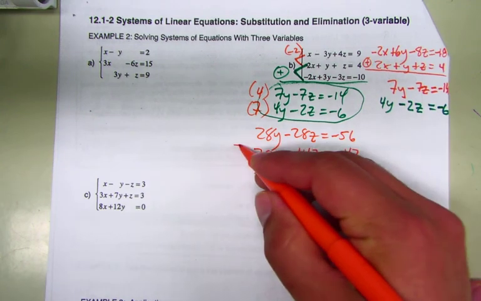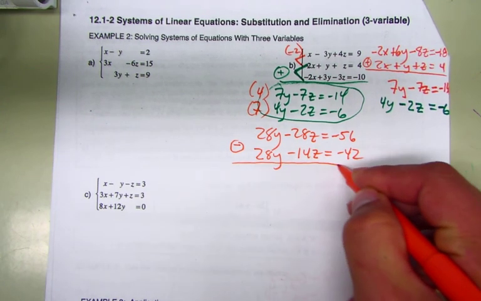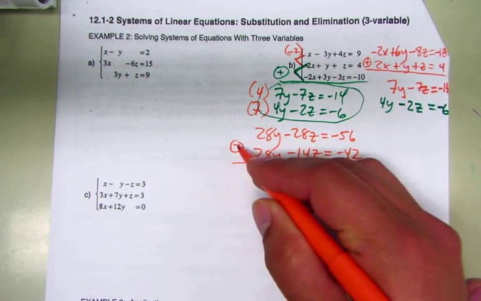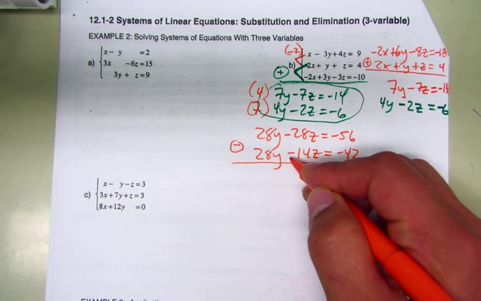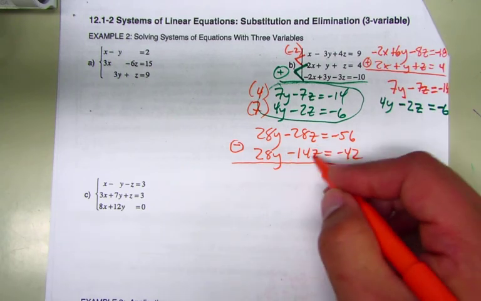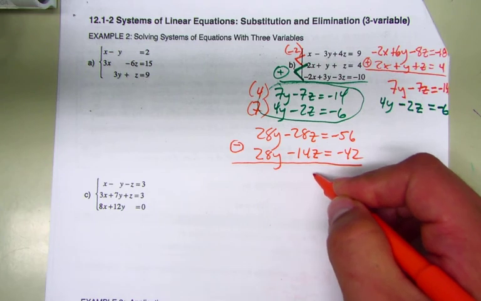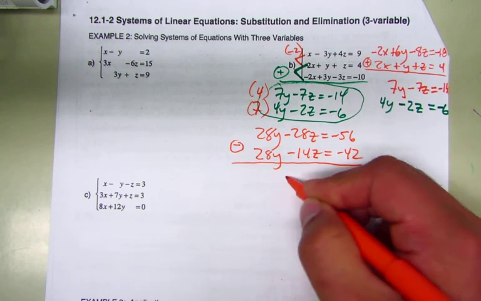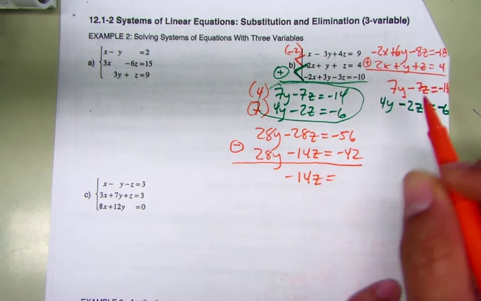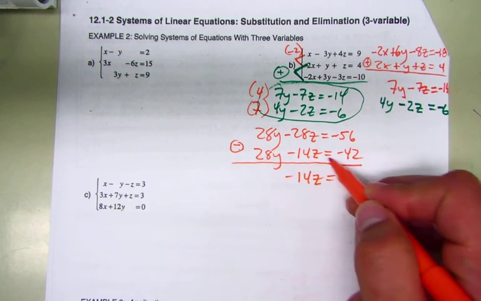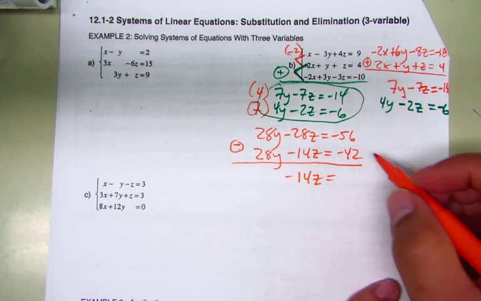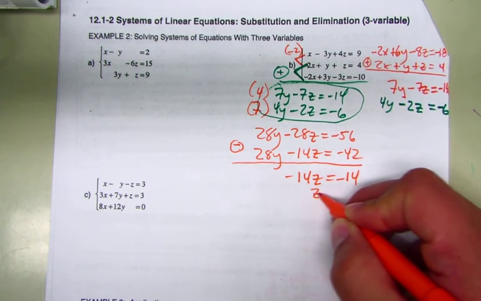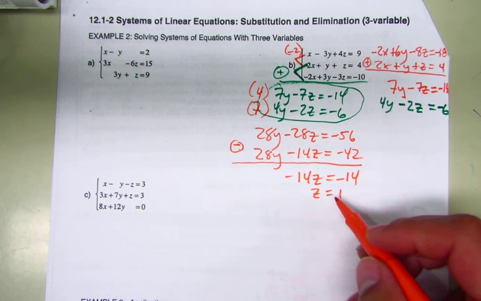Good, so you made them the same, so we're going to subtract. So now 28 minus 28 cancels. Negative 28 minus a minus is really plus, right? So what's negative 28 plus 14? Negative 28, add 14. Oh, add 14. And now here we have negative 56. These are both negative, so we're adding 42. What's negative 56 plus 42? All right, so what's z? All right, so there's z. Now?